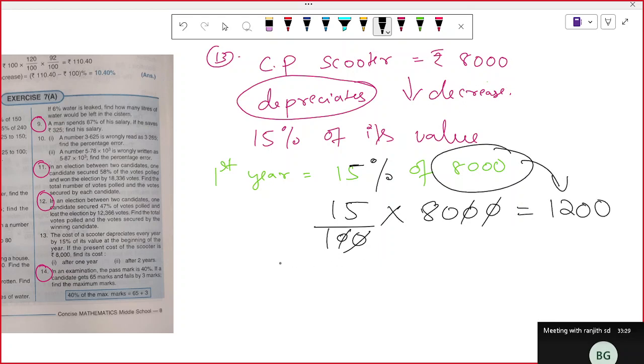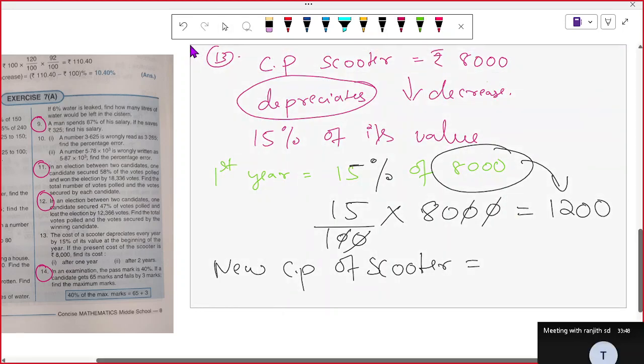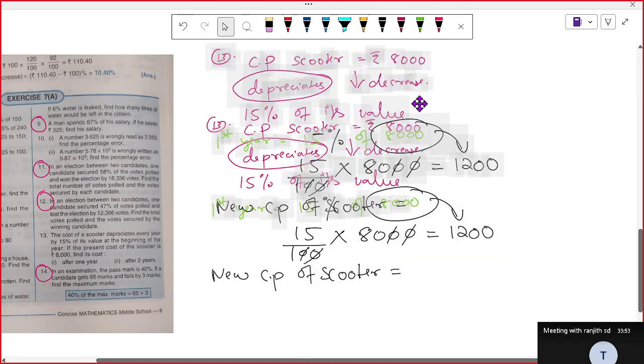1,200 is reduced. So what is the value? What's the new cost price? So 8,000 minus 1,200, because depreciation means reduced. So rupees 1,200 is being reduced. 8,000 minus 1,200 is 6,800.